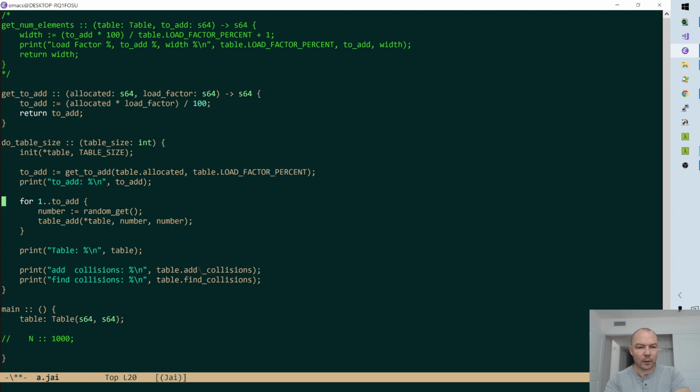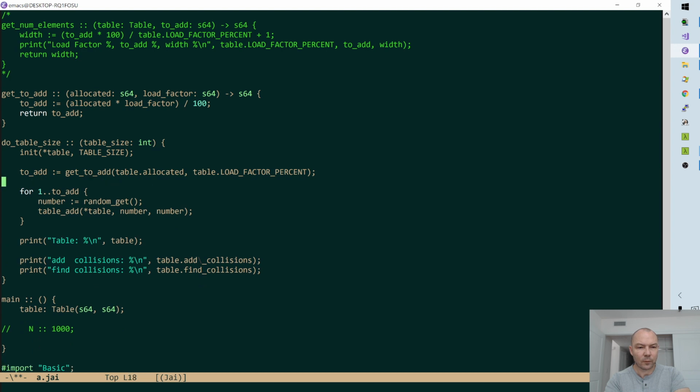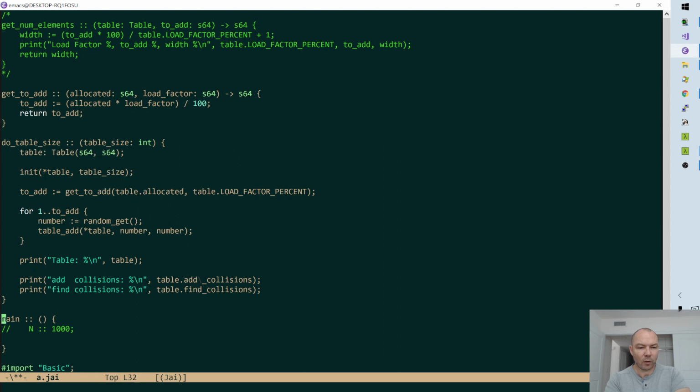All right. We literally put everything there. Okay, so do table size 512. Actually, for 110, I'm going to say table size.